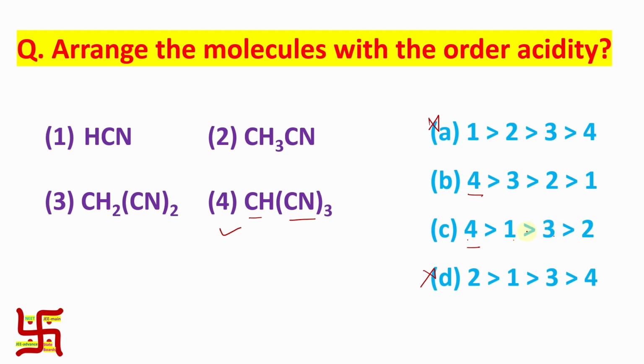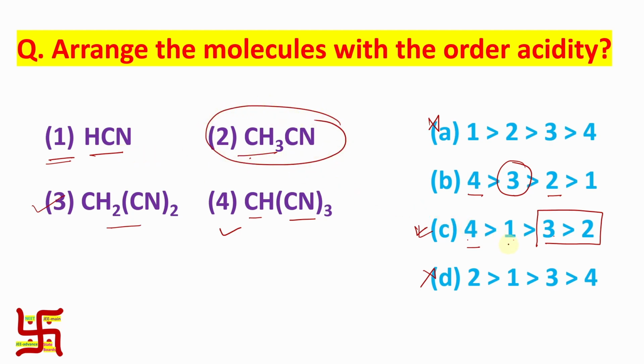Here 2 versus 3, who is the stronger acid? Obviously 3 is more acidic. 3 is more acidic compared to 2. Here also 3 is more acidic compared to 2. Now the question is, what about HCN? If you look at option C, HCN is more acidic compared to CH3CN.